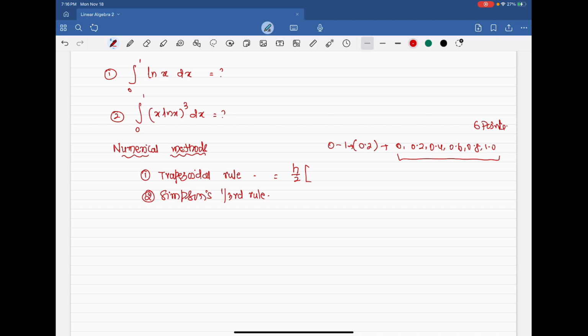Trapezoidal rule says h by 2, whatever this partition value is, this is h. What is that partition?